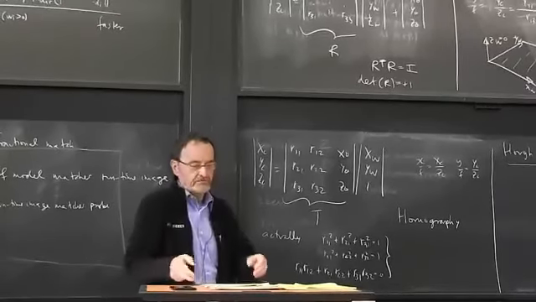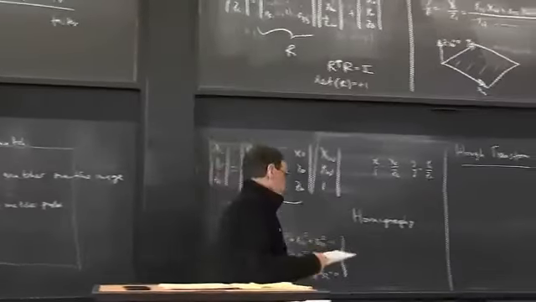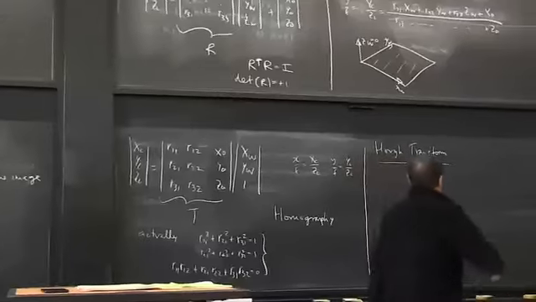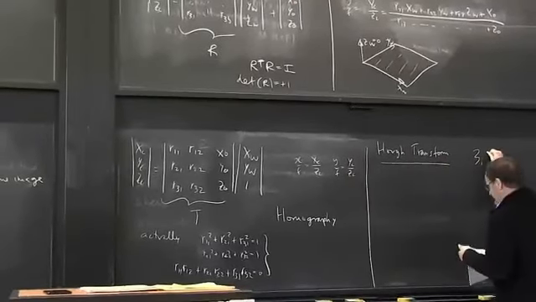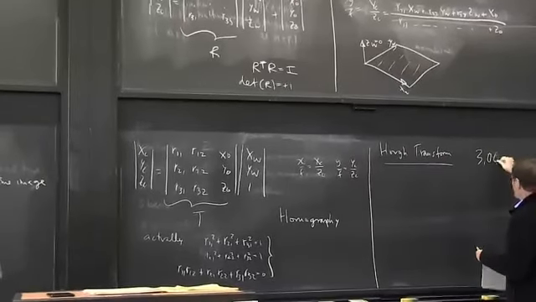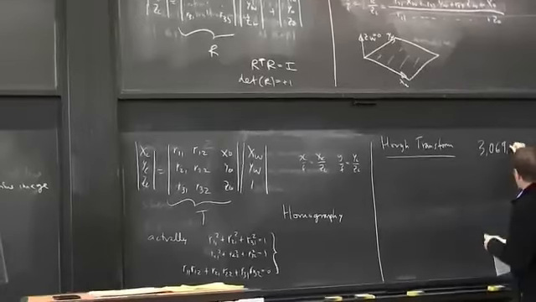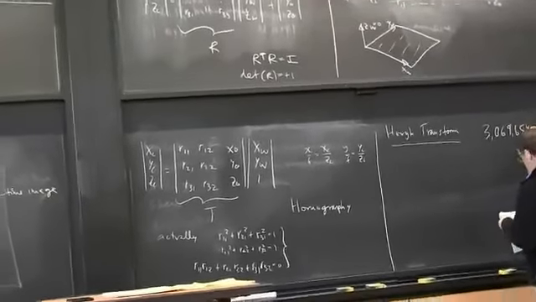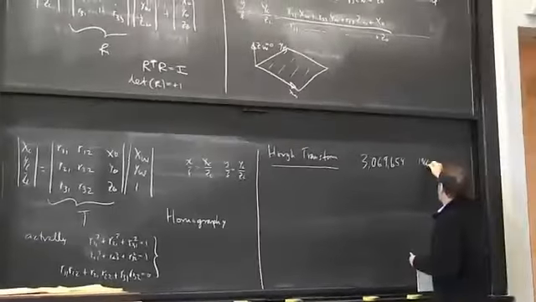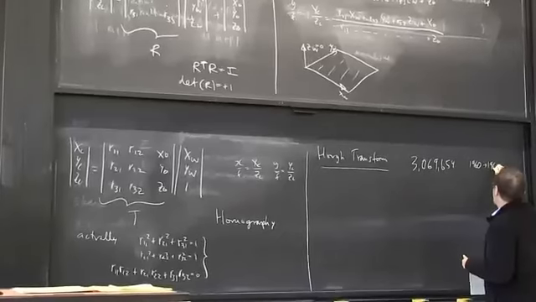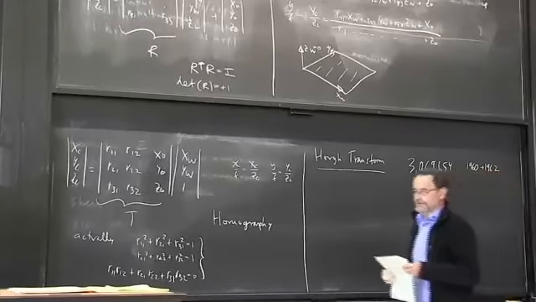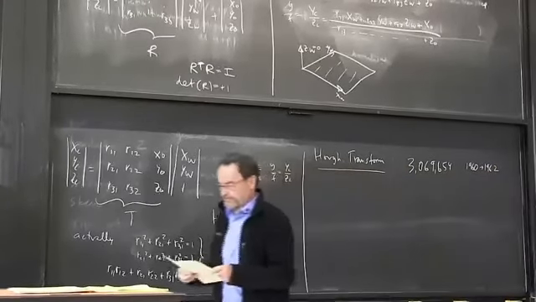Well, Hough came up with this one idea, and this is probably, as far as I know, the first machine vision patent. I think this was submitted in 1960 and it issued in 1962, and it's pretty short.